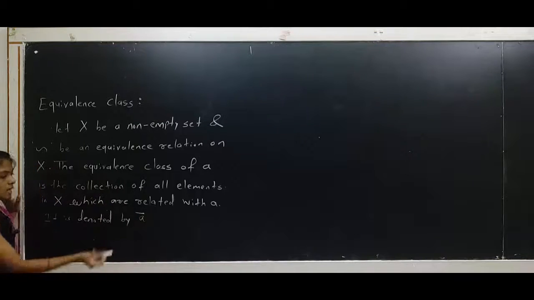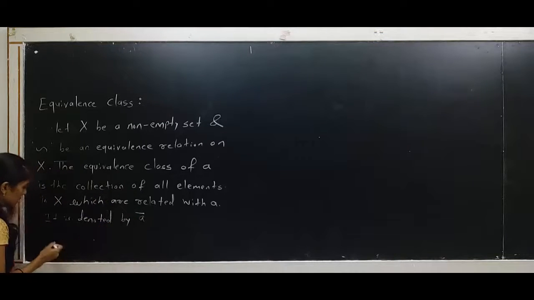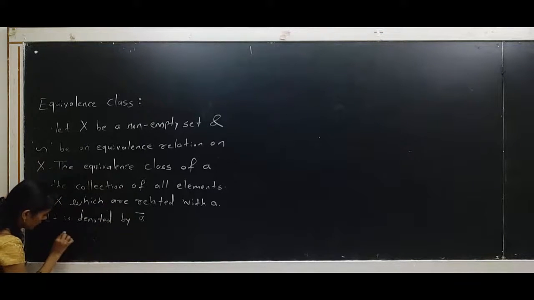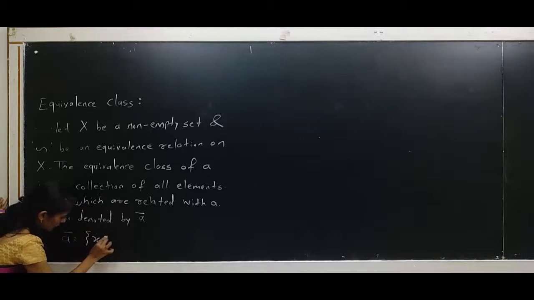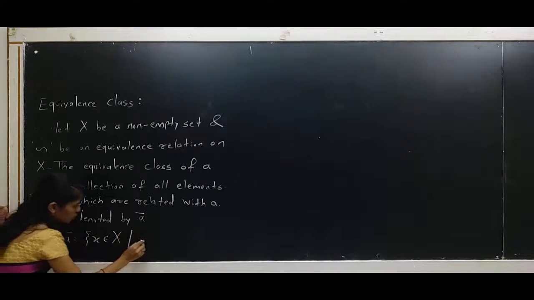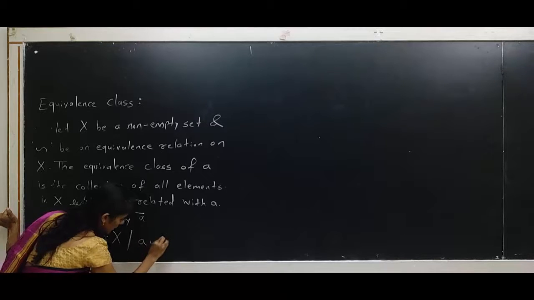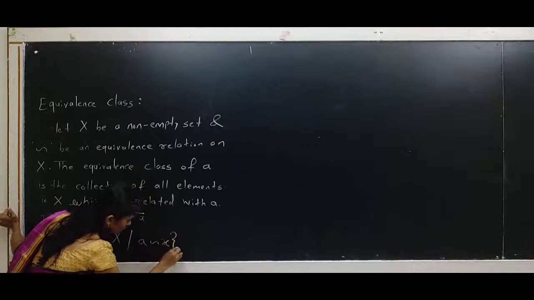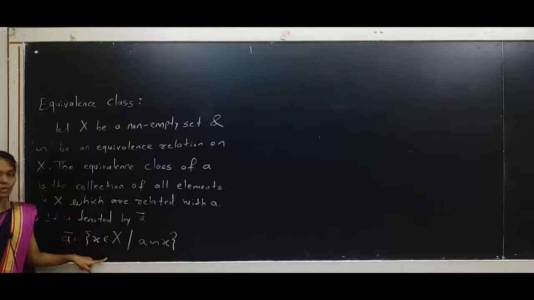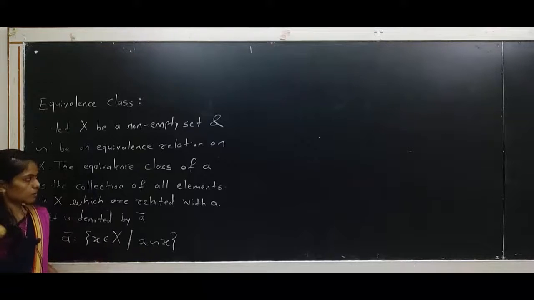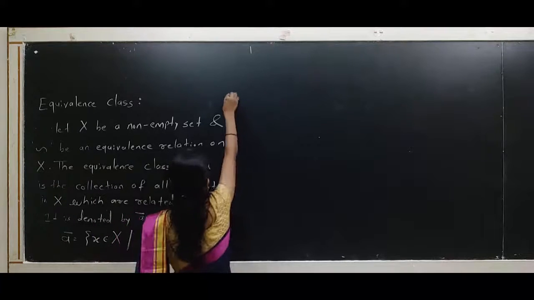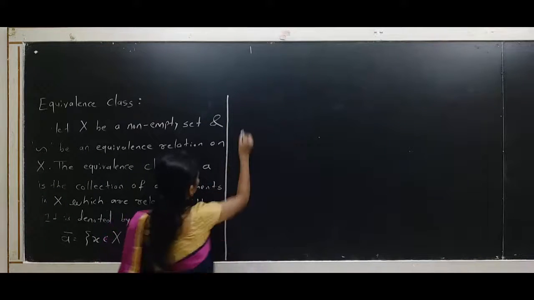So A bar is equal to X belongs to set X such that A related to X. This is the definition of equivalence class. Okay. Now we see the theorem.